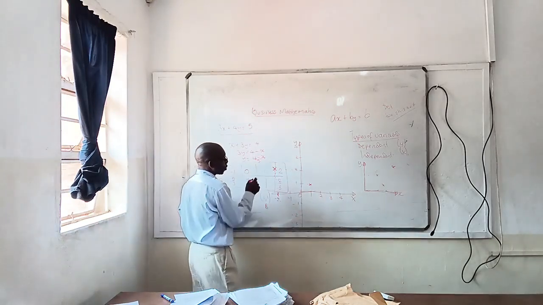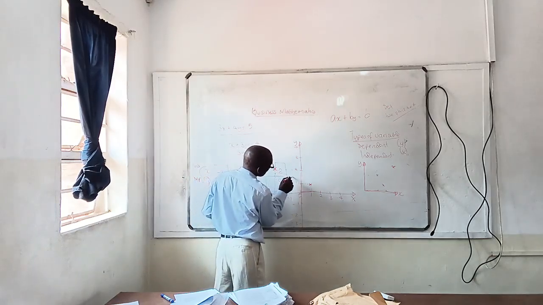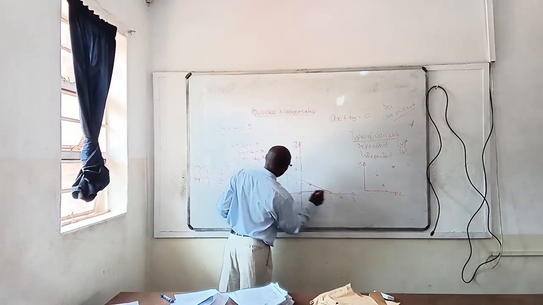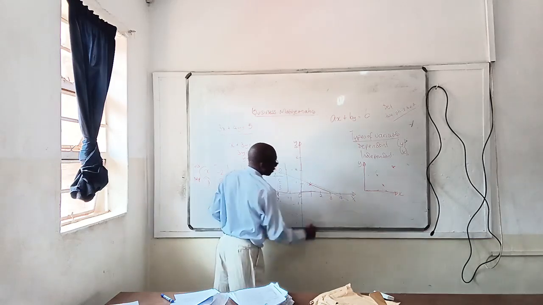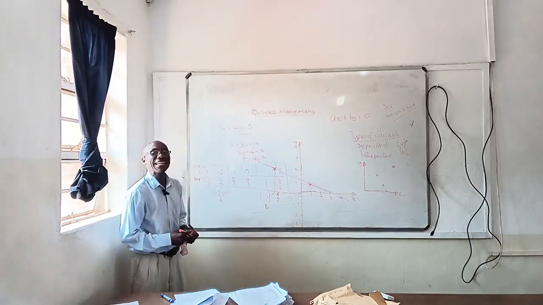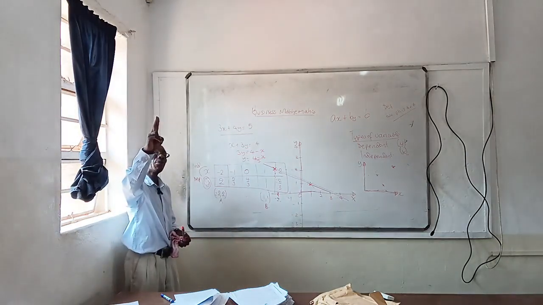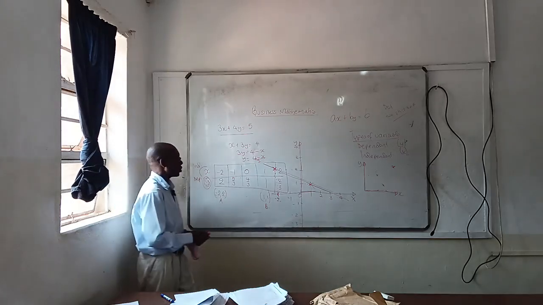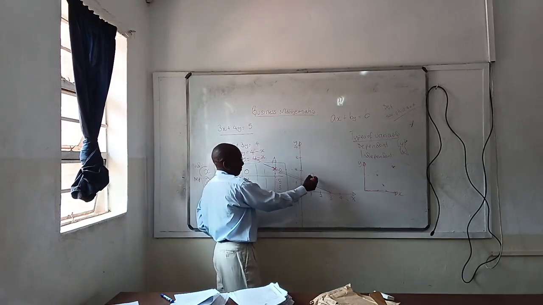Just take a ruler and connect them. If you connect it, it passes through both. That means that is a line, because a line consists of only 2 points, point A and point B. So this is your point A, and this is your point B.